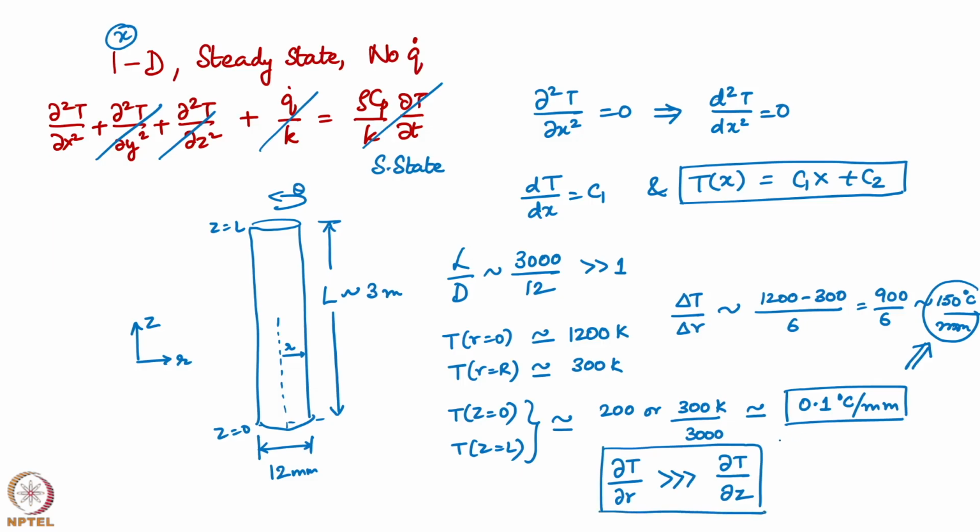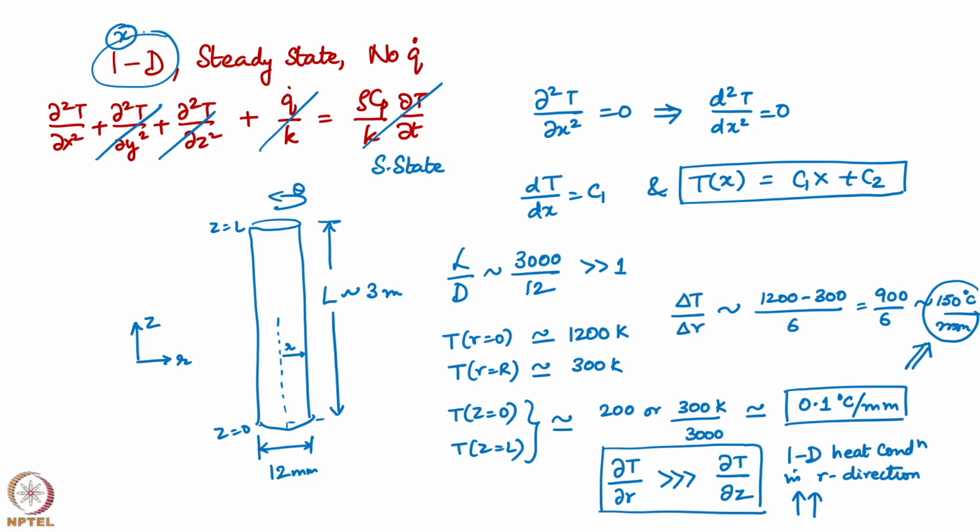We can safely assume 1D heat conduction in the radial direction, the r direction, is far more important than what is happening in the z direction. So, this is what we say as 1D. We are not saying that heat does not flow in the z direction. The heat transport in the z direction is much smaller because the gradients are much smaller in the z direction as opposed to the r direction. That is what we mean by 1D.